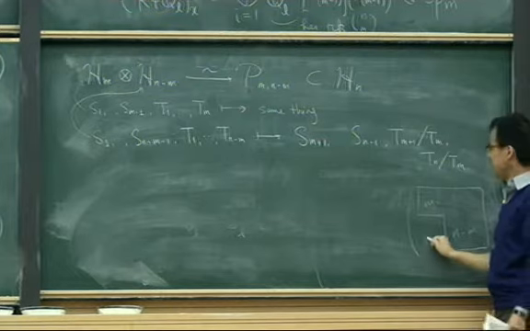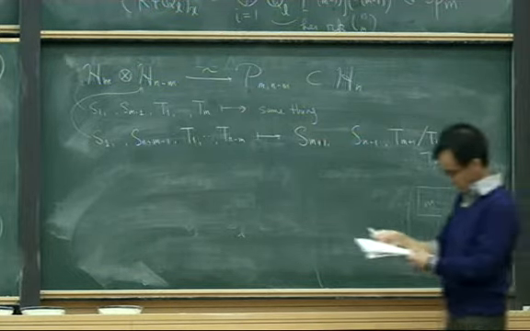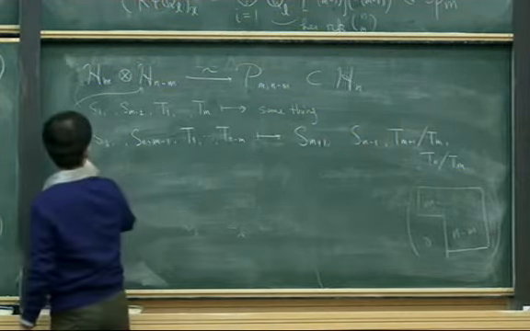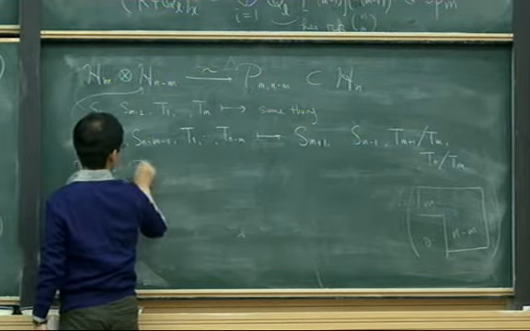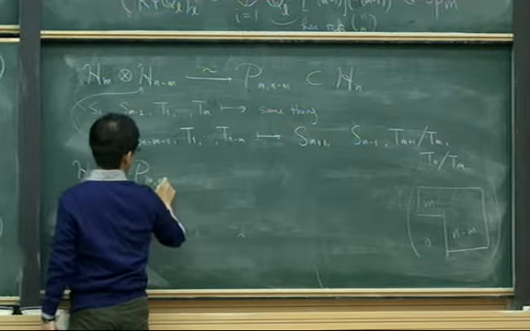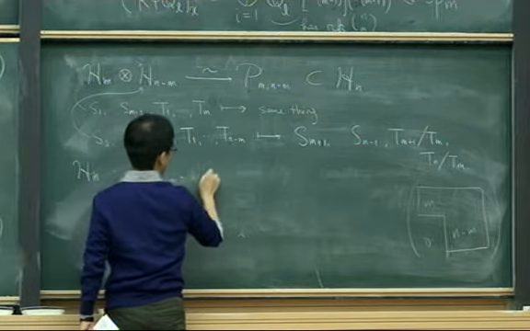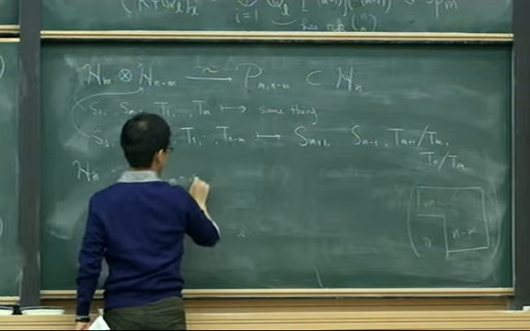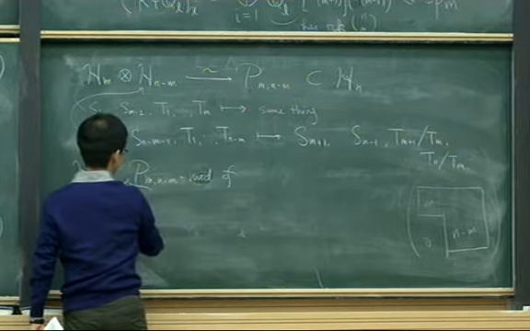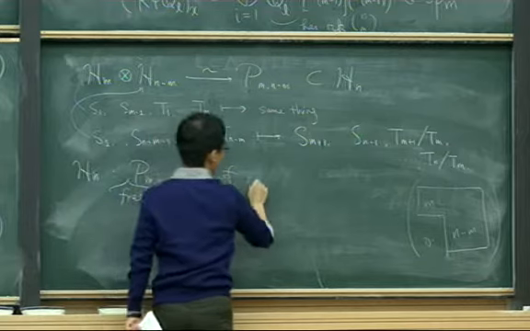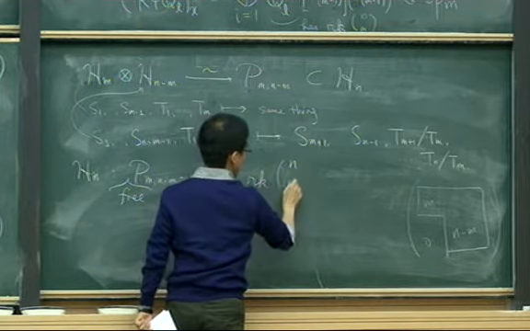Okay. So Hn is a free Pm tensor Pn minus m module of rank n choose m.